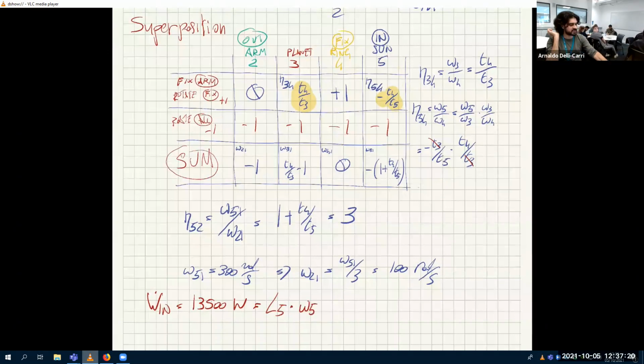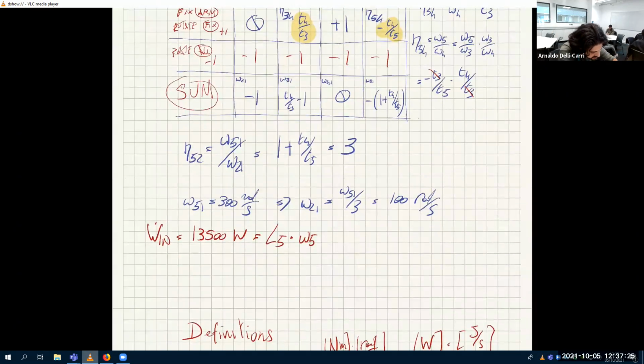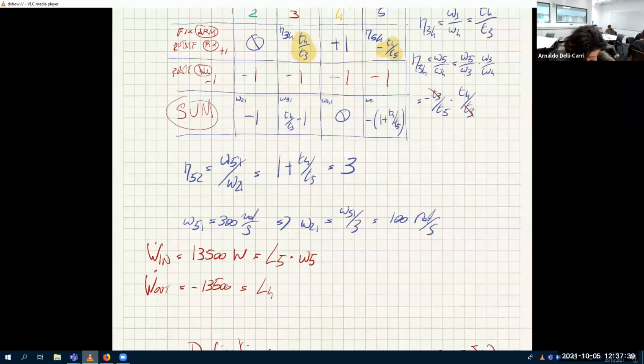All right, this is the first equation. The second equation is W out. W out is negative 13,500, which is equal to, what's out, 2, is equal to L2 times omega 2, because 5 is the input and 2 is the output.